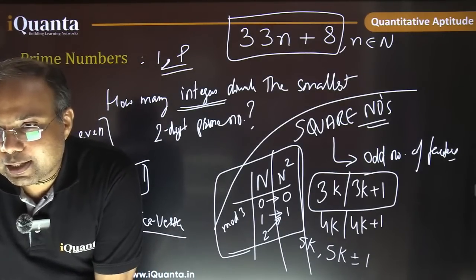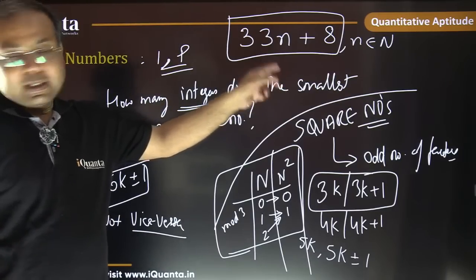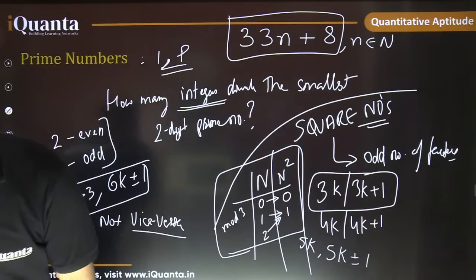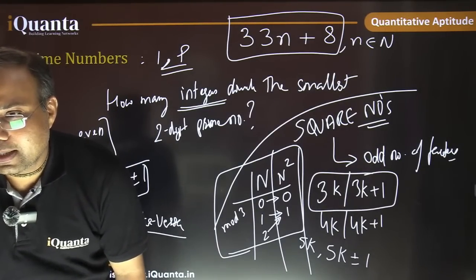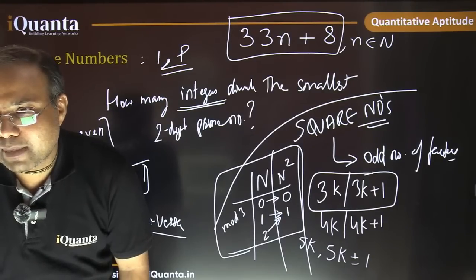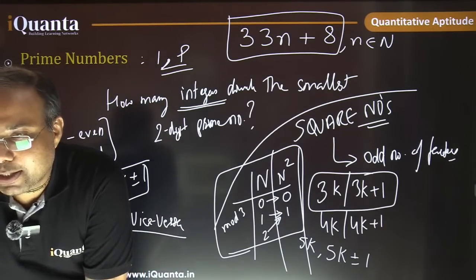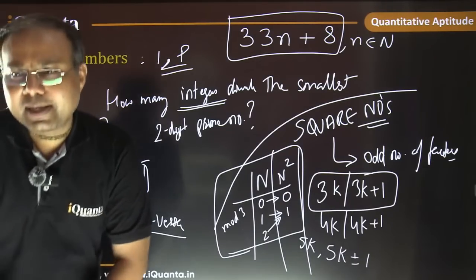Himanshu Manocha says 2. Bhai, let's check. If you put n equals to 2, 33 into 2 is 66. 66 plus 8 is 74. It's not. Jeet says no value. Akhil says 3. Okay, many of you are saying some value 2, 3, 5. In between I am seeing no value also. Vanchita says no value. Akhil Jain 3. अरे 3 कैसे बोल रहे हो भाई अखिल?